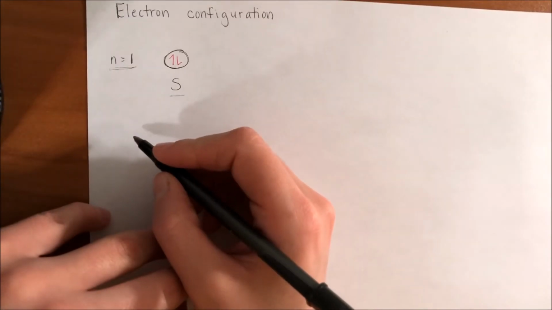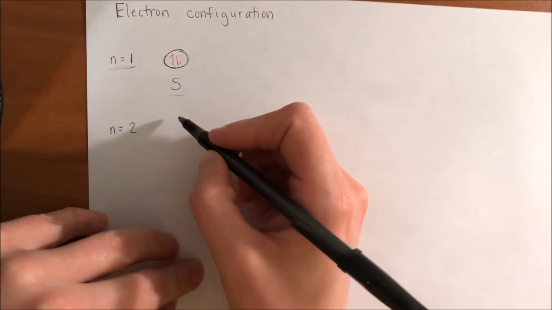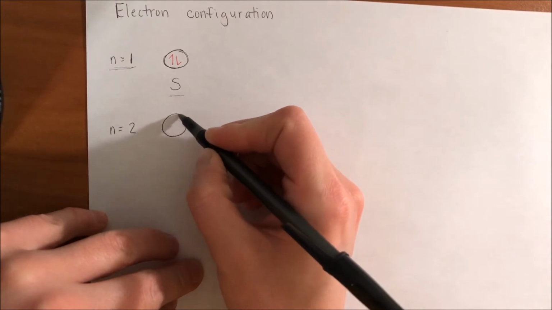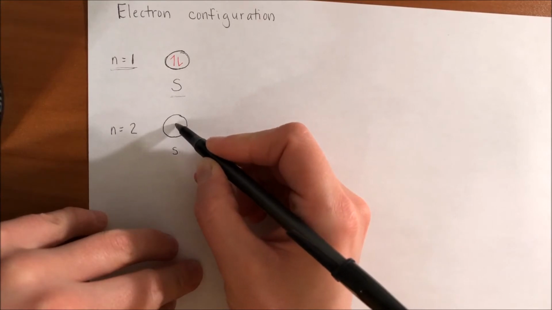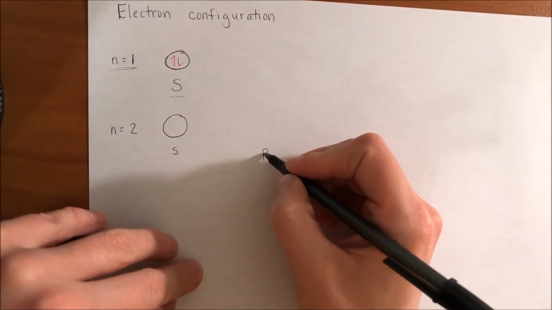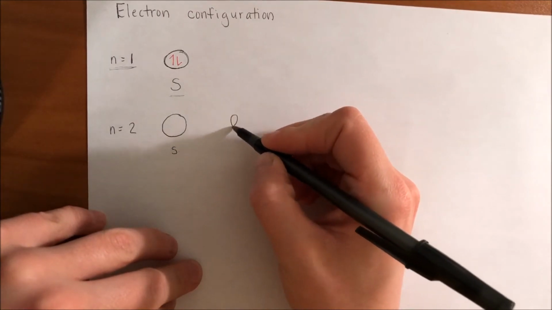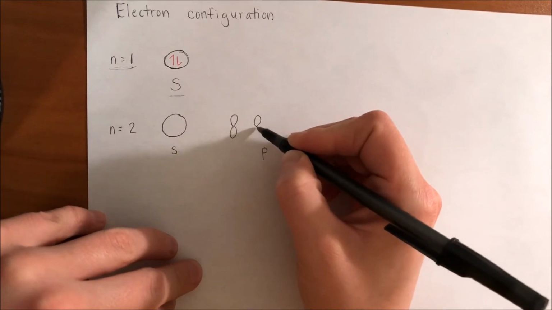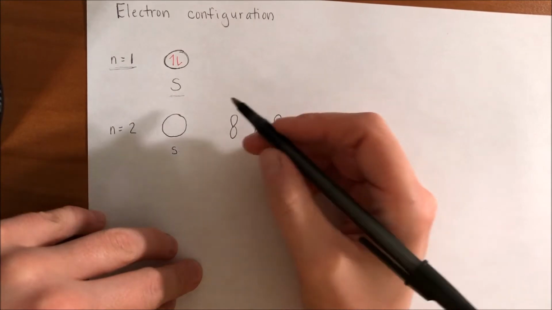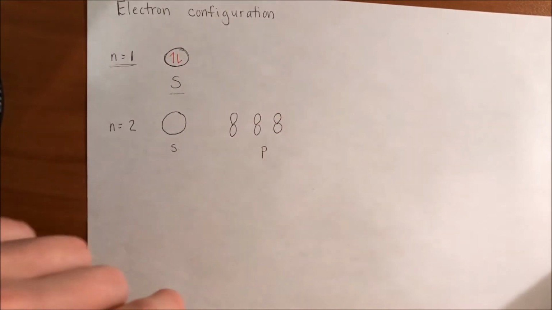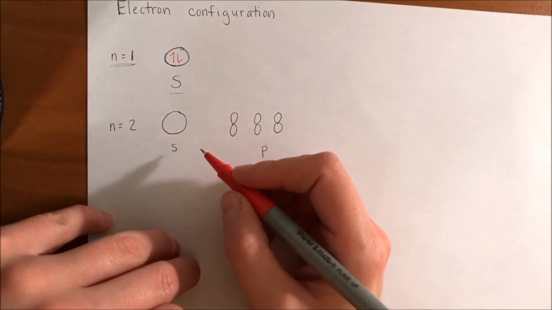Now, let's consider what happens when we move to the second energy level. So in the second energy level, we have the S subshell with 1 orbital, but then we now add on the P subshell, and that happens to have 3 different orbitals. So now if we consider again, we know that each orbital can hold 2 electrons.